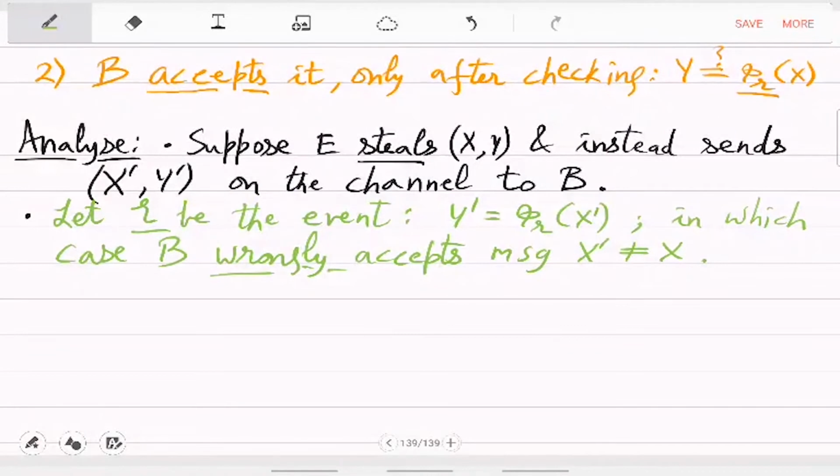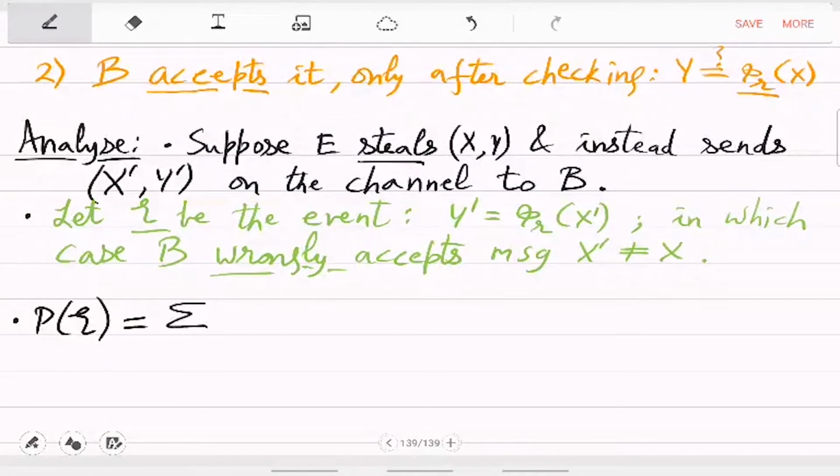Let us call it fancy E. This fancy E is the event that B has been fooled by Eve. So let us do this calculation: the probability of this event E happening, when Eve has won.